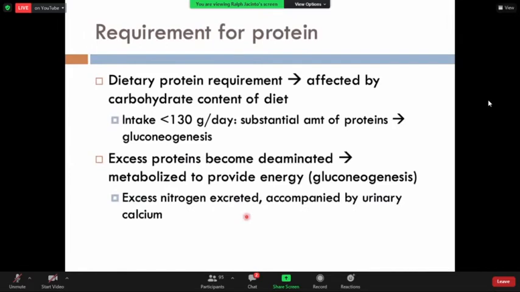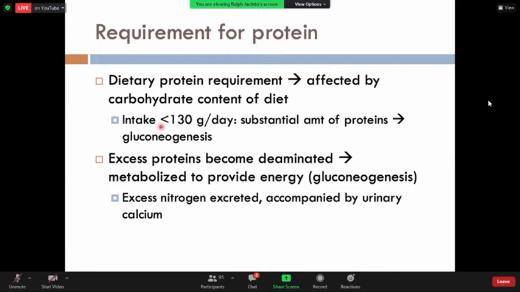Now, the requirement for protein, as I've mentioned earlier, there is really not an exact recommendation for proteins because this would rely on the carbohydrate content of our body. So take note, if our intake of carbohydrates is less than 130 grams per day, it would mean that our body would look for other sources of energy because the carbohydrate that we took in is not enough.